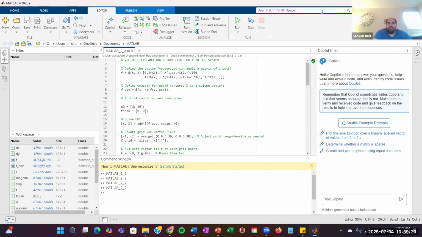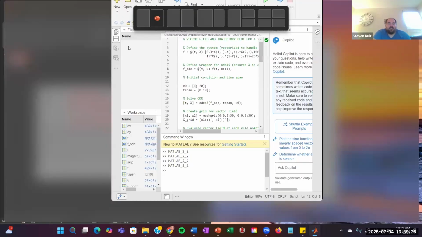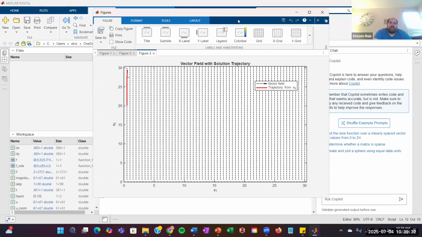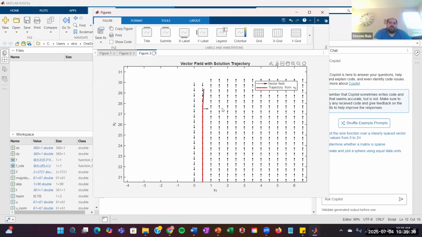So let's look at another case. Maybe let's go 0.5 and 20. So now I'm basically to the left and below the equilibrium. And it looks like I see a similar behavior.